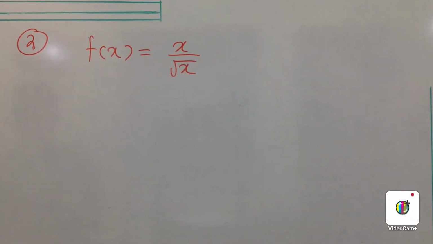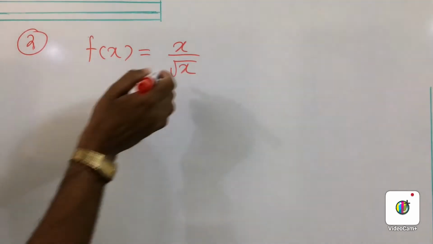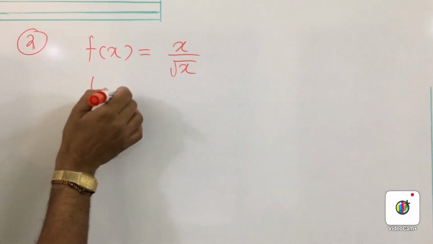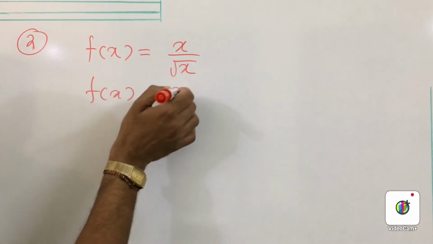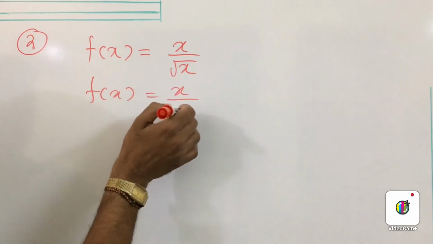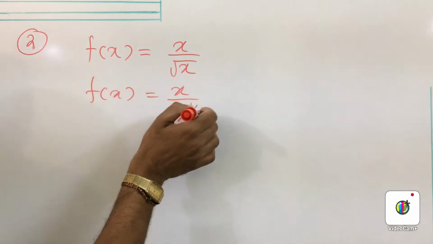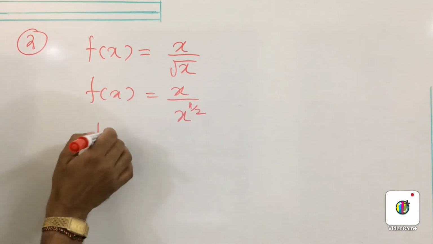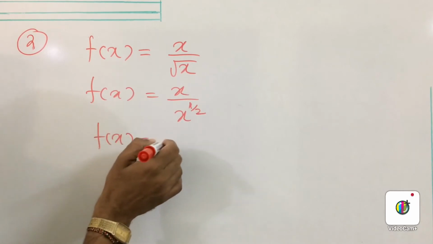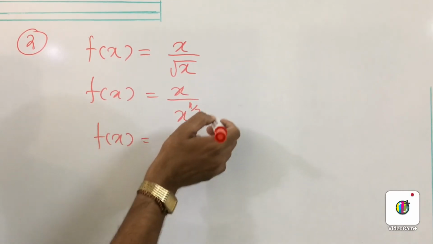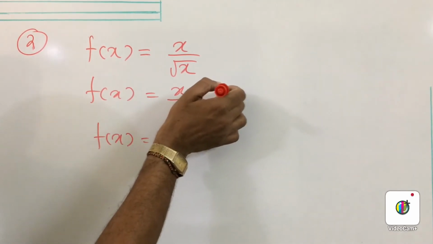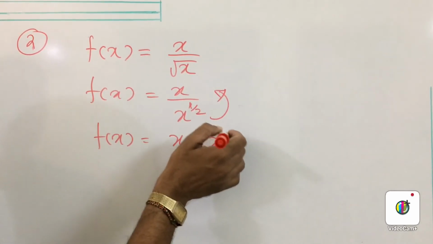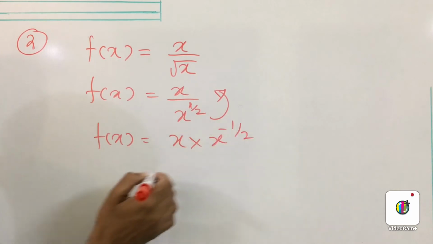We will see the second question, f(x) = x over square root of x. You should simplify this. You can write the square root of x as x to the power half. Therefore, taking this x to the power half up, f(x) = x into x to the power minus half.